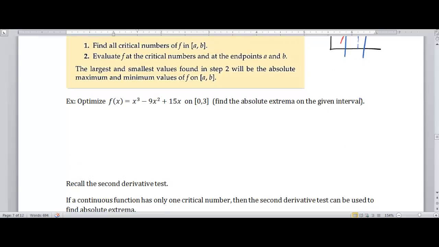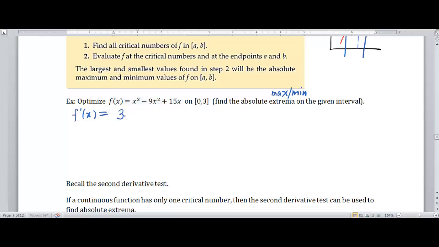Let's do an example. It says optimize this function on the interval 0, 3. Find the absolute extrema. When it says absolute extrema, it means max and min. So we want to optimize, so we need to find the critical numbers. In order to find the critical numbers, we have to take the derivative.